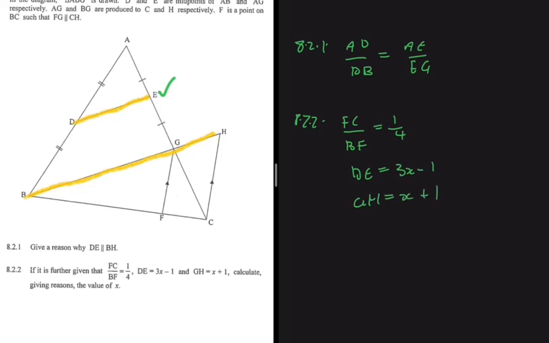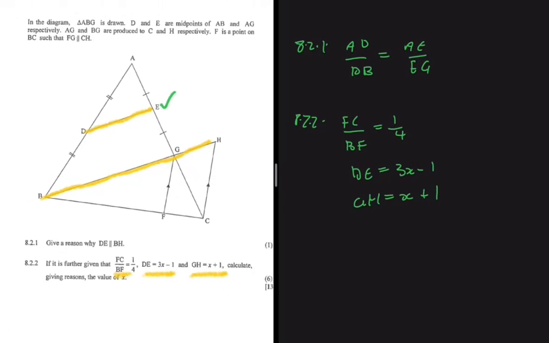Let's calculate, giving reasons, the value of x, right? When you just look at DE is equals to 3x minus 1 and GH is equals to x plus 1, you can think the problem is really complicated, especially if you look at the sketch. You might get intimidated, and then you even see the mark allocation, 6 marks. But let's see what happens.